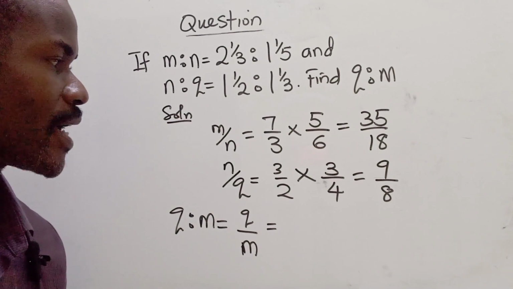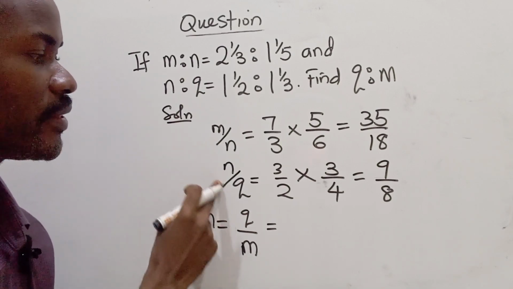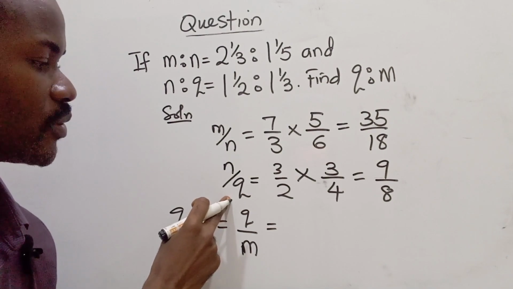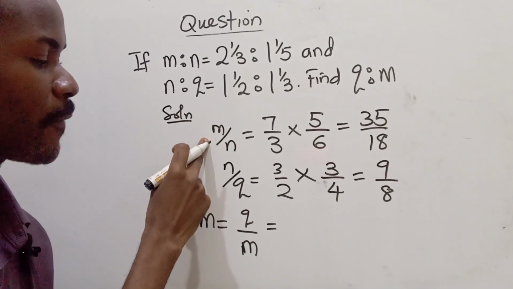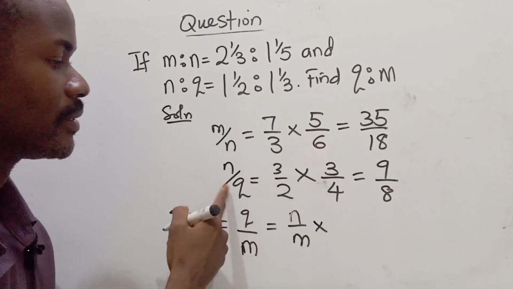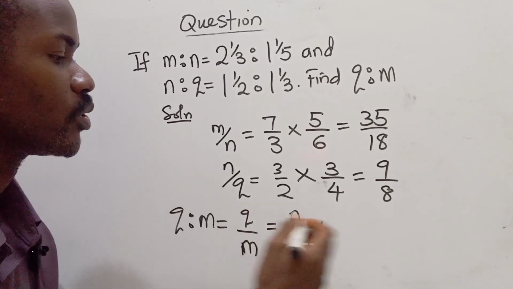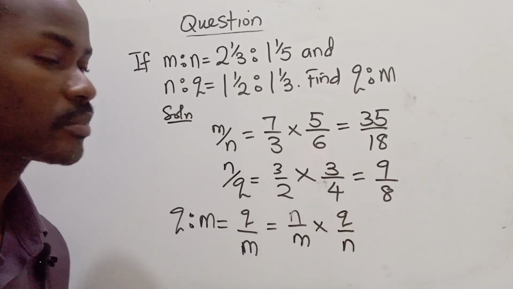One way is we are going to reciprocate this and reciprocate this. So if I reciprocate this, I'm going to have n over m, multiply, and if I reciprocate this, I'm going to have q over n.